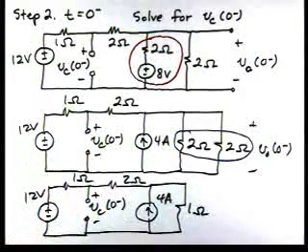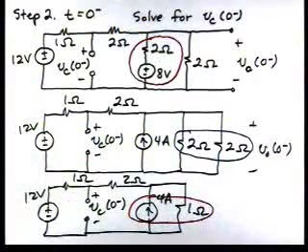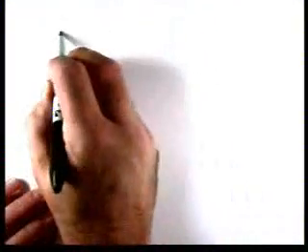Now, let's do another source transformation on that current source and resistor. And when we do that, here's our resulting circuit.